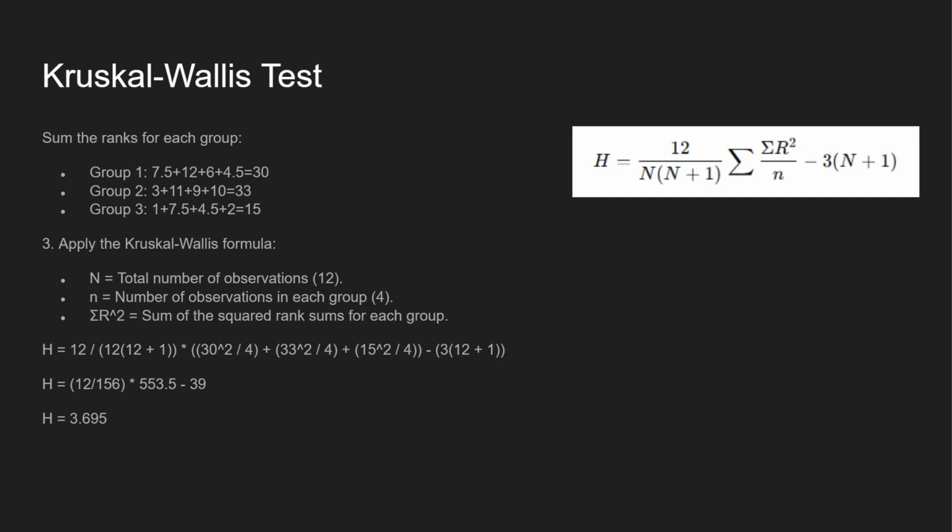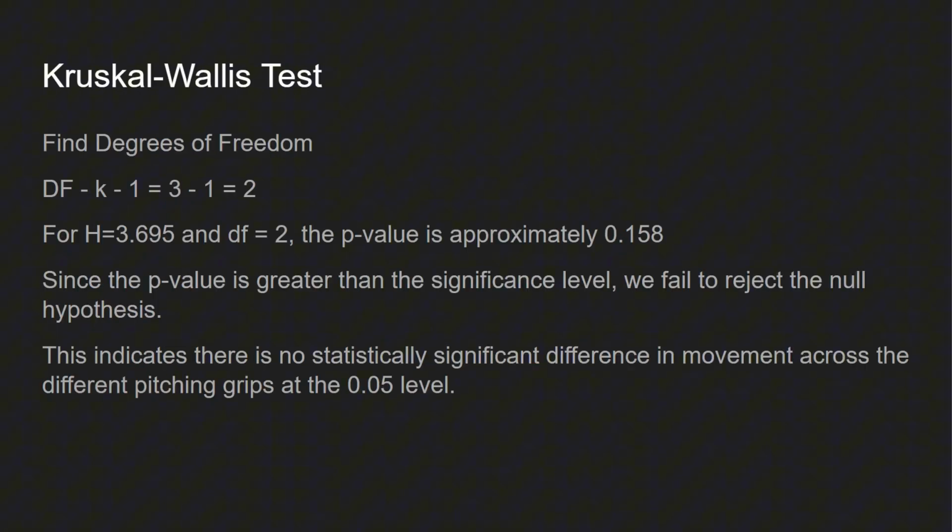Then we apply the formula. Capital N is total observations. Smaller n is the number of observations for each group. We plug into the formula over here to the right. So it's actually not super complicated, although it looks a little bit that way, right? And we get an H value of 3.695. Then we have to find the degrees of freedom.